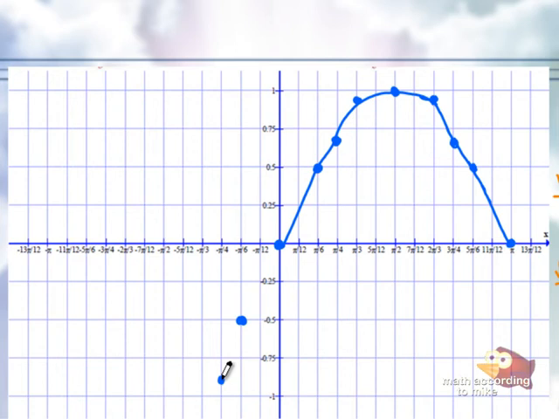The sine value at 4 pi over 3 is negative 0.9. And then negative pi over 2 is coterminal to 3 pi over 2. The sine value is negative 1.